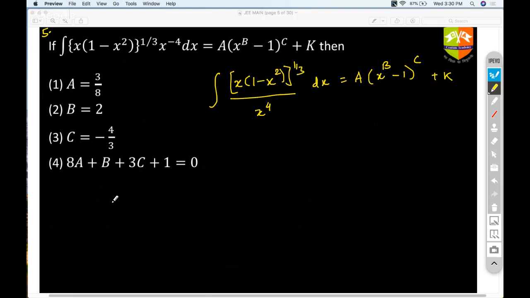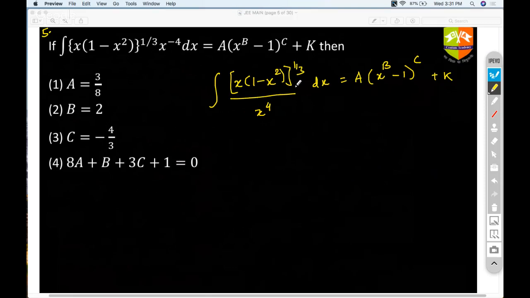Ramcharan thinks differently. He thinks option number 4 is correct. So mostly people are saying option number 4.